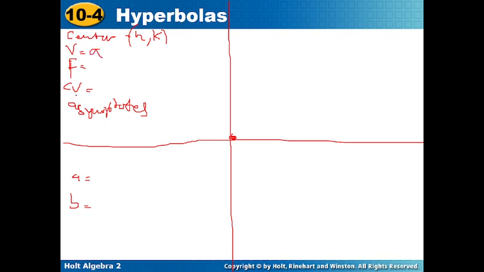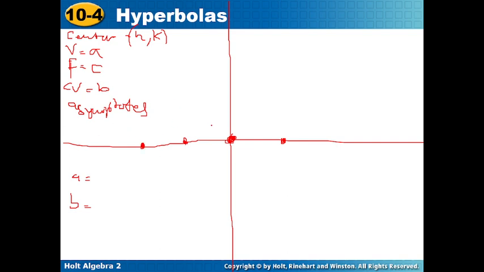And for your co-vertices, it has the values of B. How about for your foci? Your focus has a value of C. Okay, I'm sorry. So this is the center. If you have the vertices here, you have the focus here.